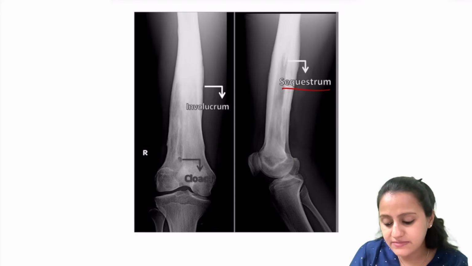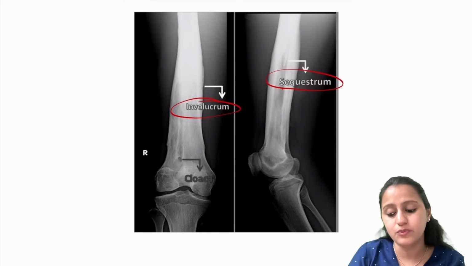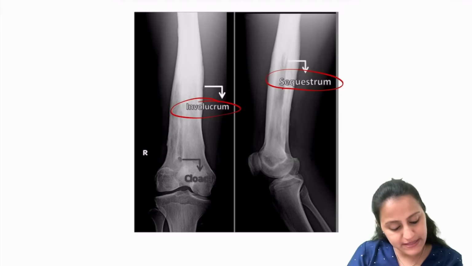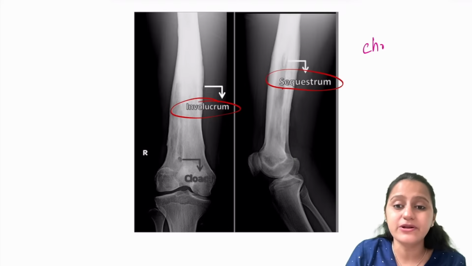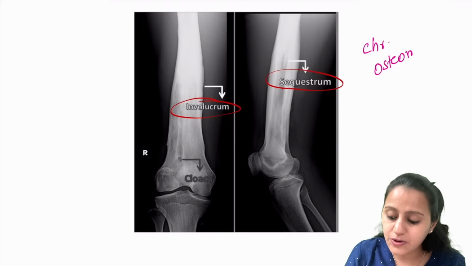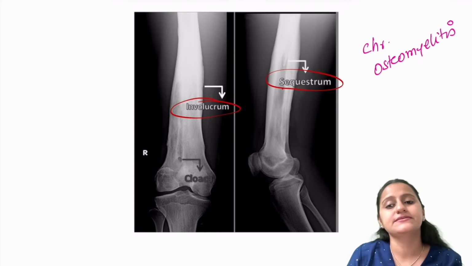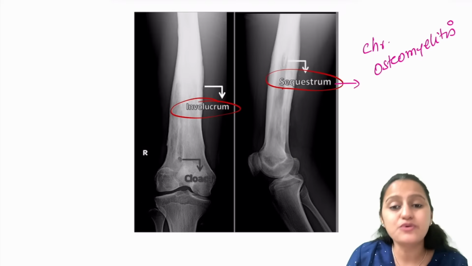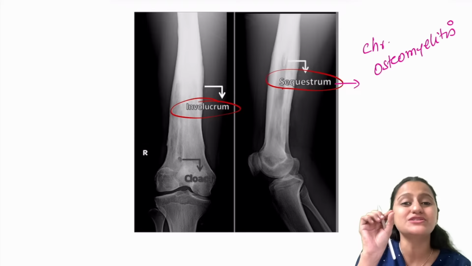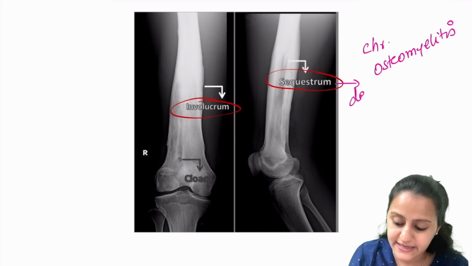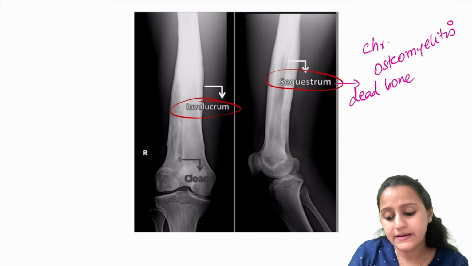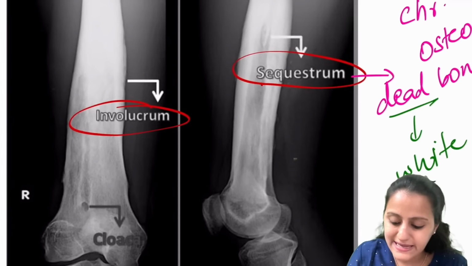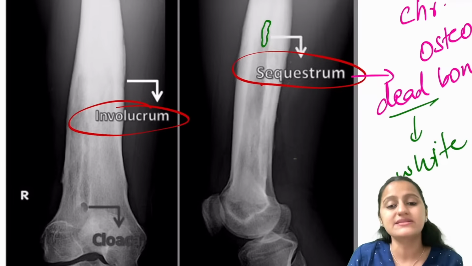When you see the terms sequestrum and involucrum, what bone pathology are you thinking of? Sequestrum and involucrum are terminologies in chronic osteomyelitis. What does the sequestrum represent? The dead bone which is sequestered, lying inside. On X-ray or CT it appears white. Look at this white bone in the center.